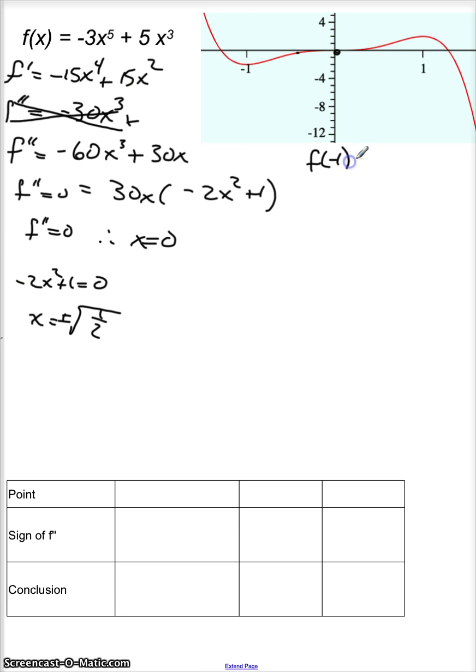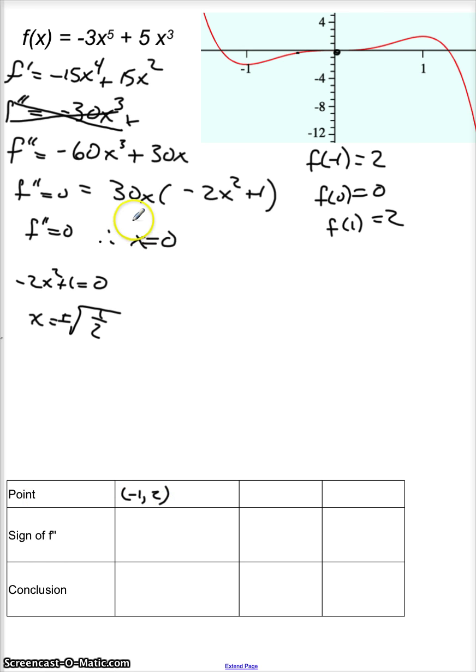F of negative 1 is 3 plus 5, so it's positive 2. F of 0 is 0, while f of 1 is 2. So that's about right. So let's look at the point x equals negative 1, y equals 2.